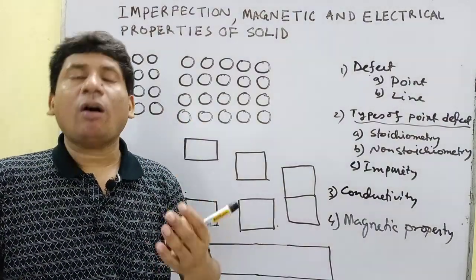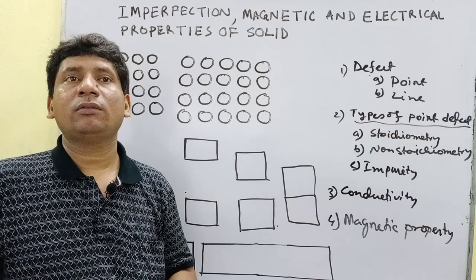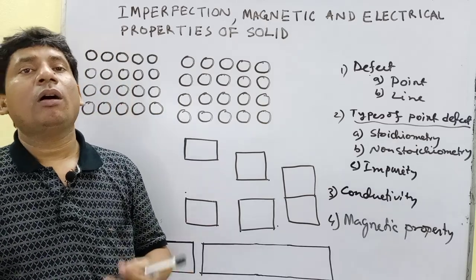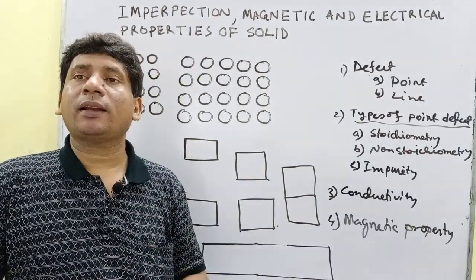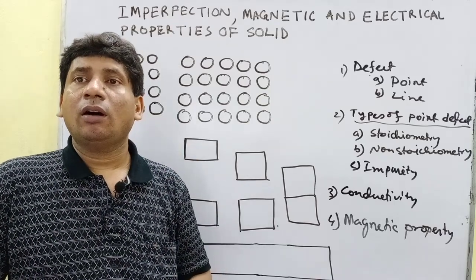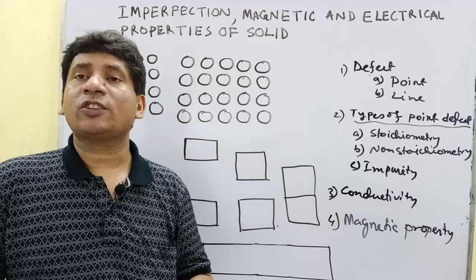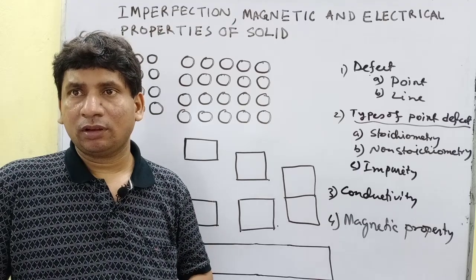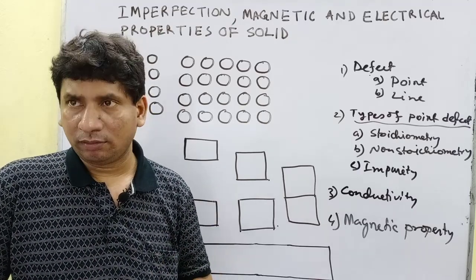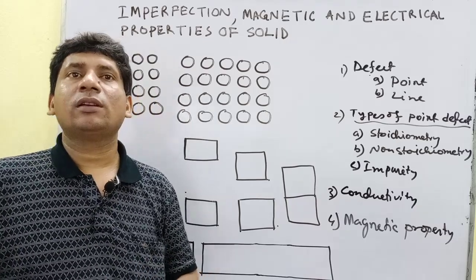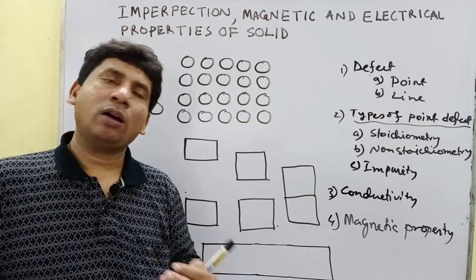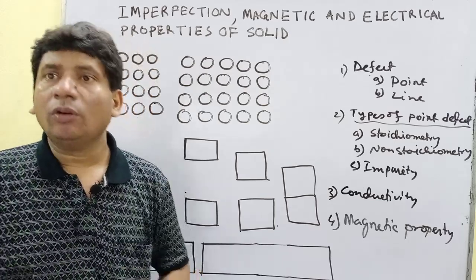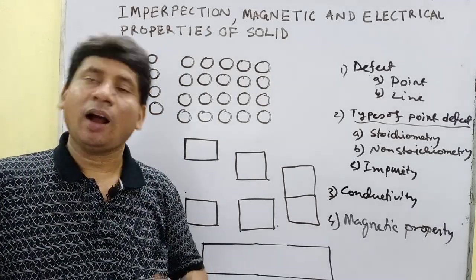Because to get a magnetic material or conductive material, superconductive material or semiconductive material, we need some imperfection in the solid, because a purely crystalline solid is unable to conduct electricity through its electrons, or by holes or by anions. So we need some imperfection. How? I will discuss it.